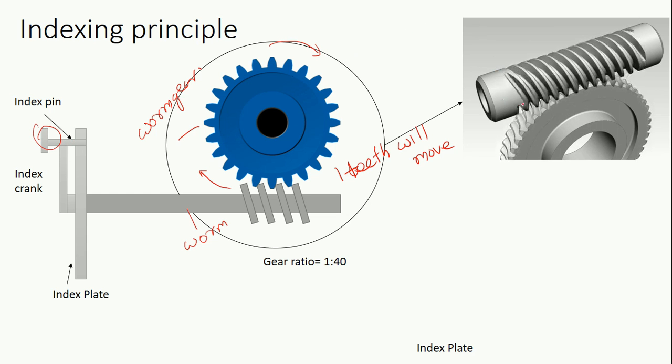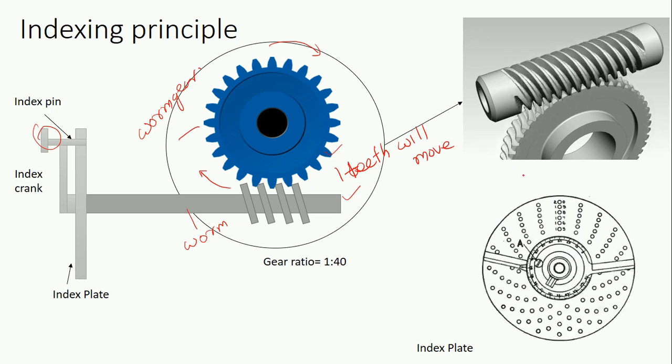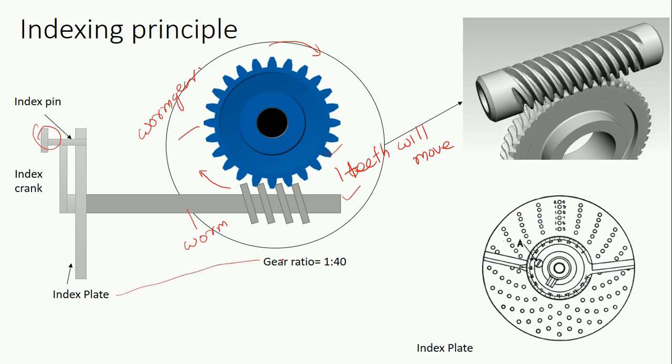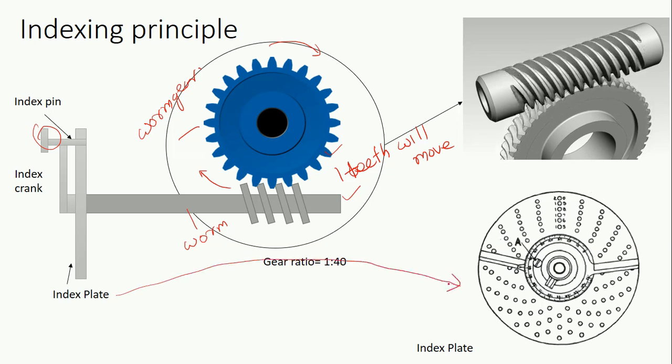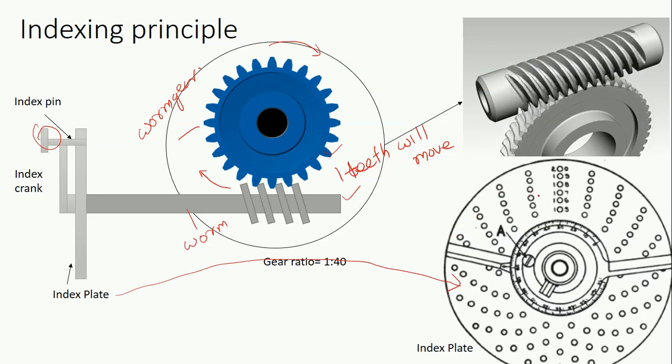So here is the worm and worm gear mechanism, and how these two work. This is the index plate. We can observe that a large number of holes are there for proper spacing of the gear.